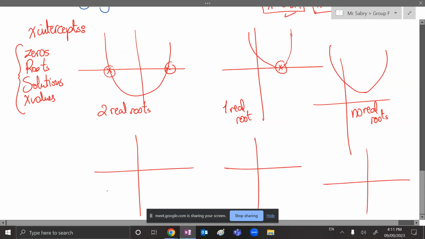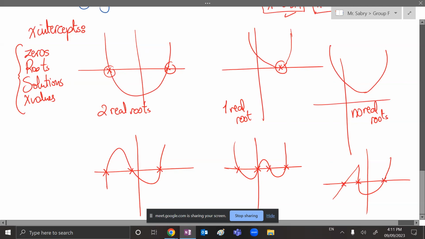There could be a graph that looks like this, or something that looks like that, or something that goes like this, for example. Now, every one of those has a various number of roots. This one has 1, 2, 3 roots. This one has 1, 2, 3, 4 roots. This one has 1, 2, 3 roots.